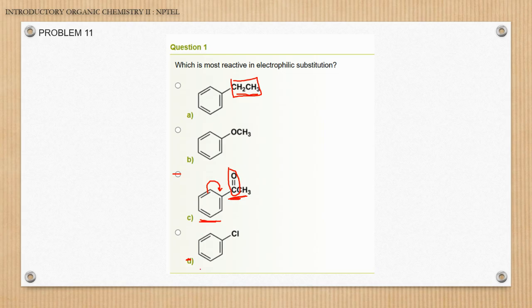So coming to part number D. Here also a similar concept applies. Cl is an electron withdrawing group, right? It is not electron releasing but electron withdrawing.